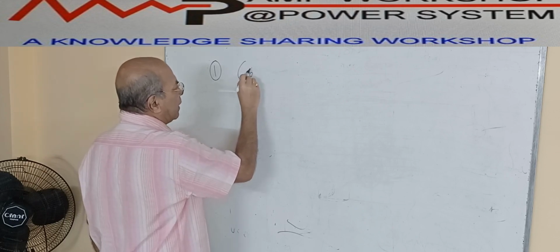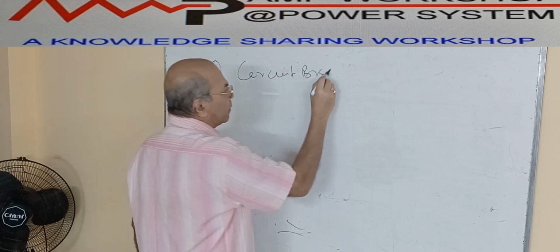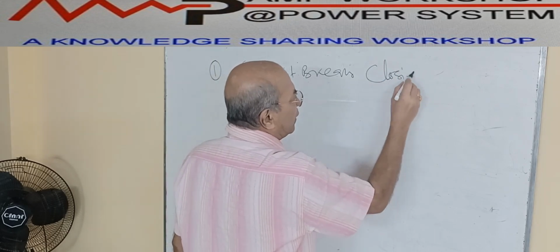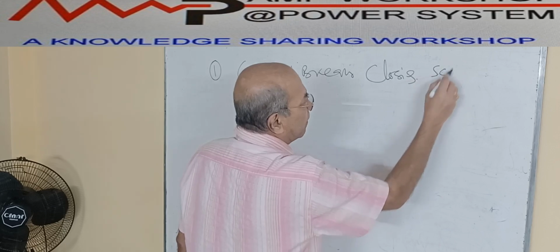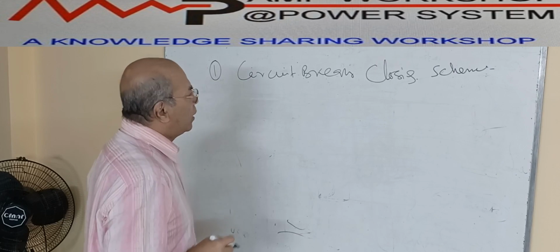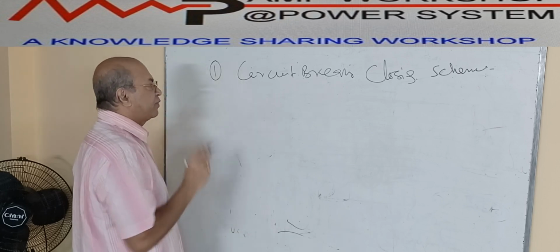The circuit breaker closing schematics, or closing scheme, is the first part of the circuit breaker control. Any circuit breaker, the first part is the circuit breaker closing schematics or closing scheme.